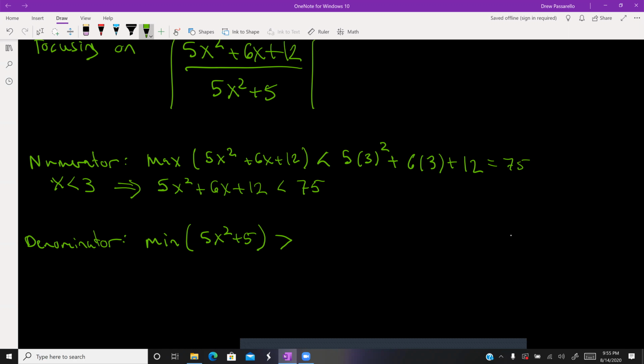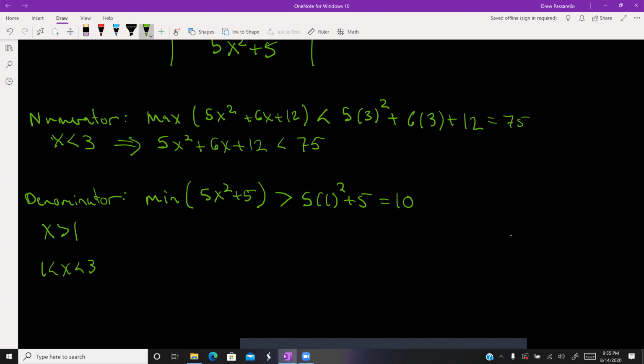For x, we have bigger than 1, because our interval is 1 less than x less than 3. So we want the min to be bigger than if you were to plug in 1 for x, which gives you 10. So for x bigger than 1, the denominator 5x squared plus 5 is going to be greater than 10.